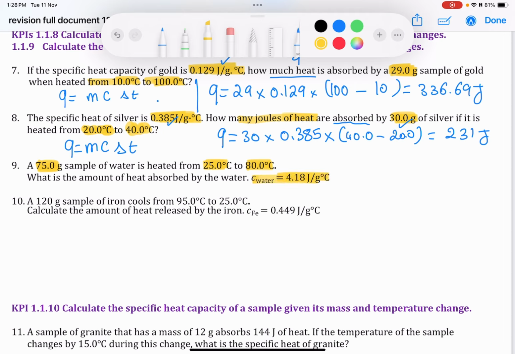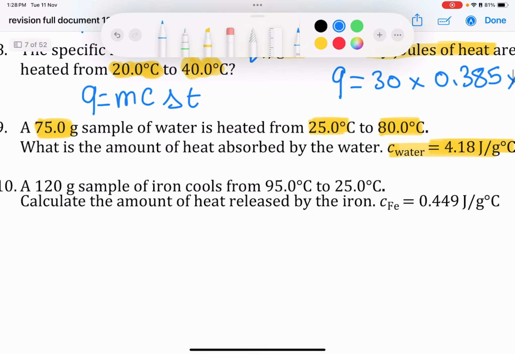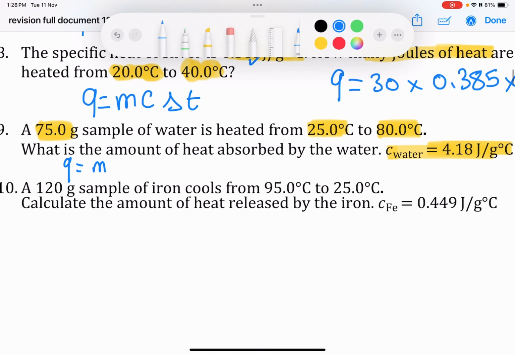Another question. A 75 gram sample, that's mass, is heated from initial to final, and that's the C of water. Calculate Q. So again, how do I calculate Q? Q equal MC delta T. So Q equal, the mass is 75. The specific heat capacity of water is 4.18.